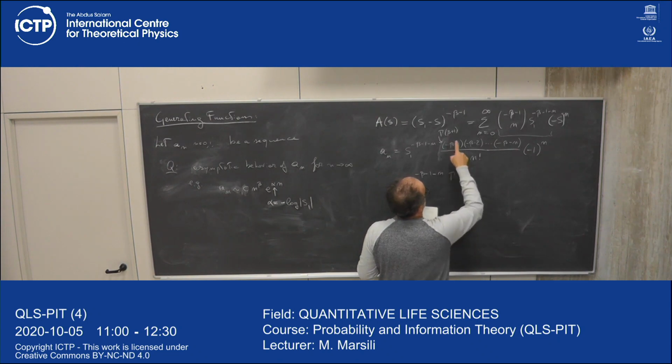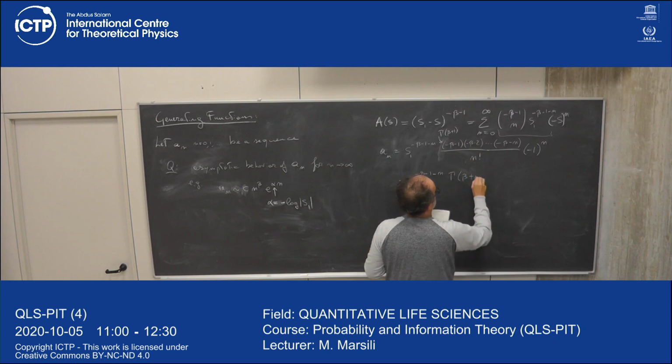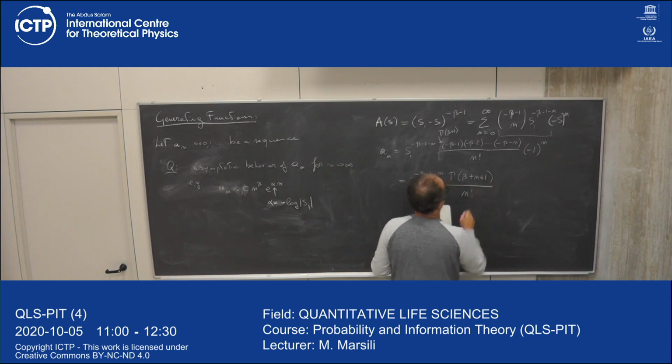So gamma of beta plus n plus 1 divided by n factorial.